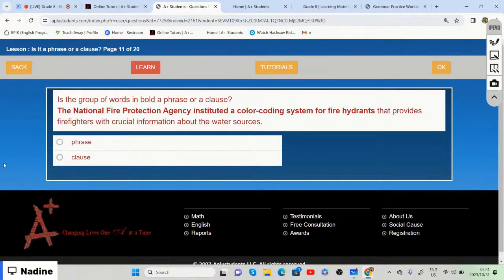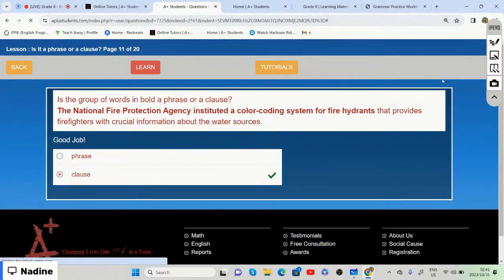So the words in bold, the National Fire Protection Agency instituted a color coding system for fire hydrants, we need to say if that is a phrase or a clause. This is a clause.